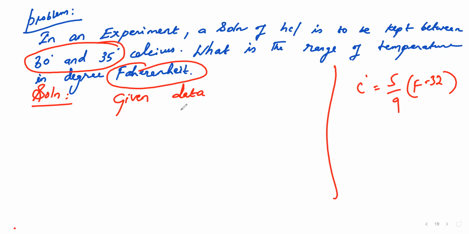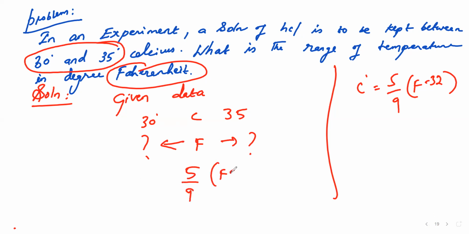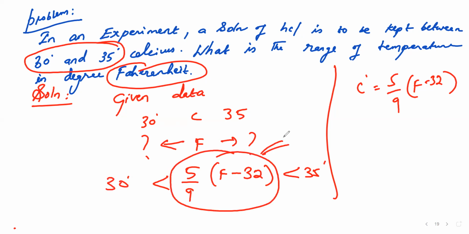They have given Celsius as 30 degrees to 35 degrees, and they are asking how much Fahrenheit lies between. C equals 5 by 9 (F minus 32).